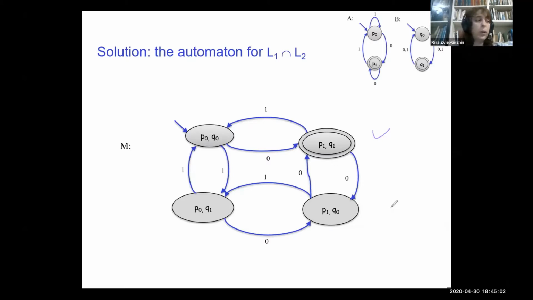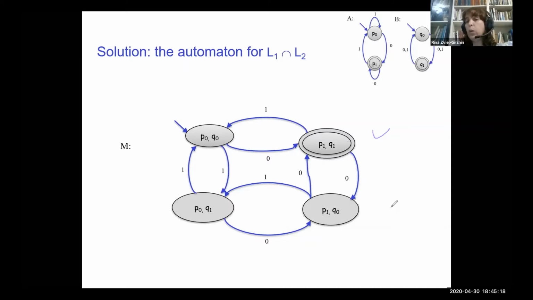So currently we know that only P1, Q1 will be our accepting state. In the union automaton, I would like to remind you that we had P0, Q1 as an accepting state and P1, Q0 as an accepting state. So here we need only one state as an accepting state. Any questions?